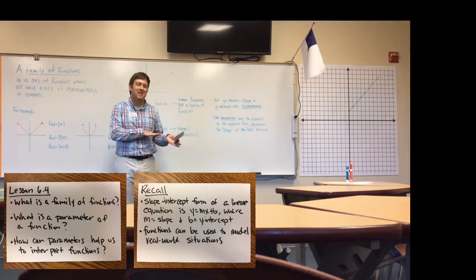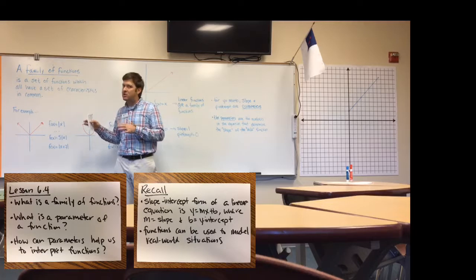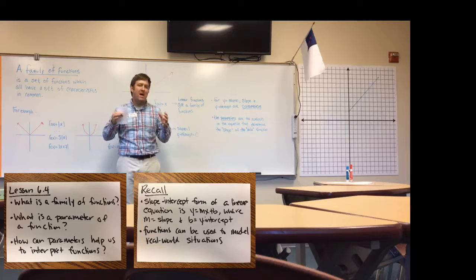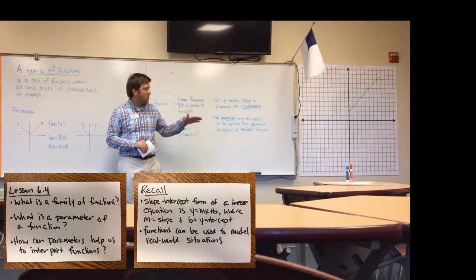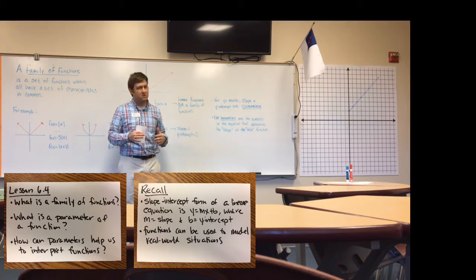We learned that in the last lesson. Also, functions can be used to model real-world situations. So the x's and y's of linear equations can be mapped to real-world sets of data to model actual situations. That's something else you want to remember when we start to look at why it's important to understand families of functions and parameters of functions.